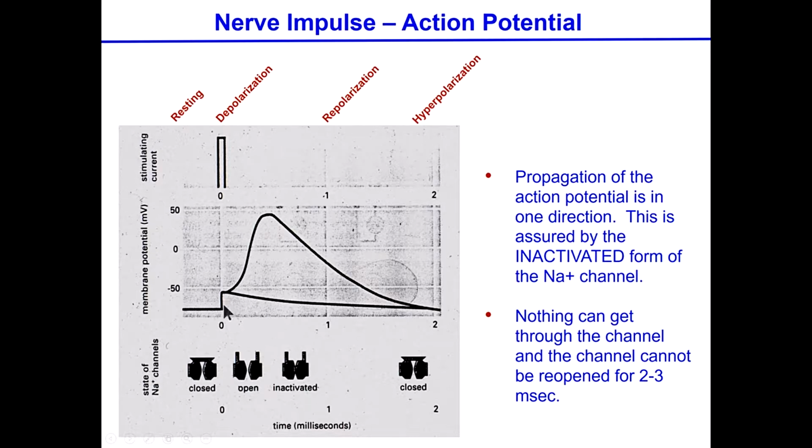Then there is a depolarization, and the channels open. Once the channels are open and a stimulus is created, these channels are so-called inactivated. In other words, they are not working as efficiently as they should at this point, and then finally they go to being closed. So within the same length of time, this is now 2 milliseconds that we're talking about, the channels go from closed to open to now coming down to being closed again.